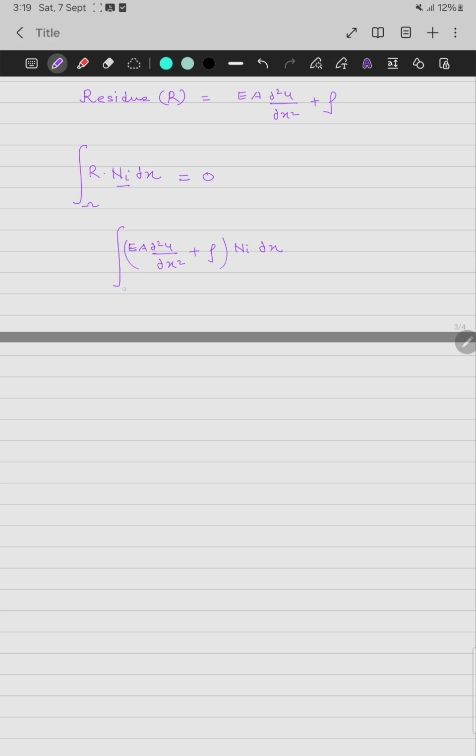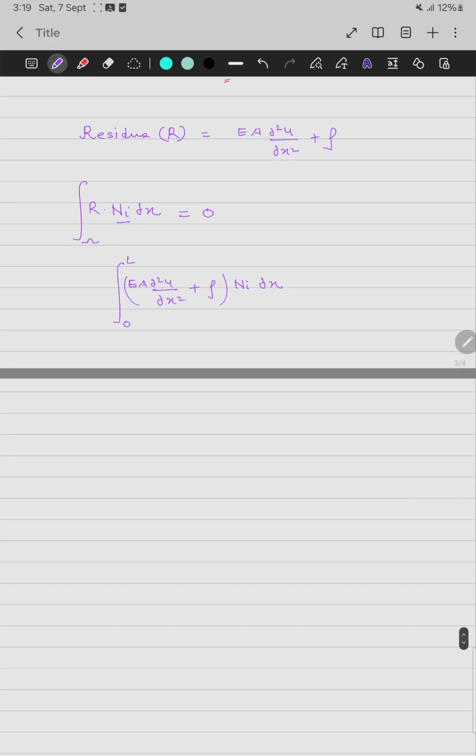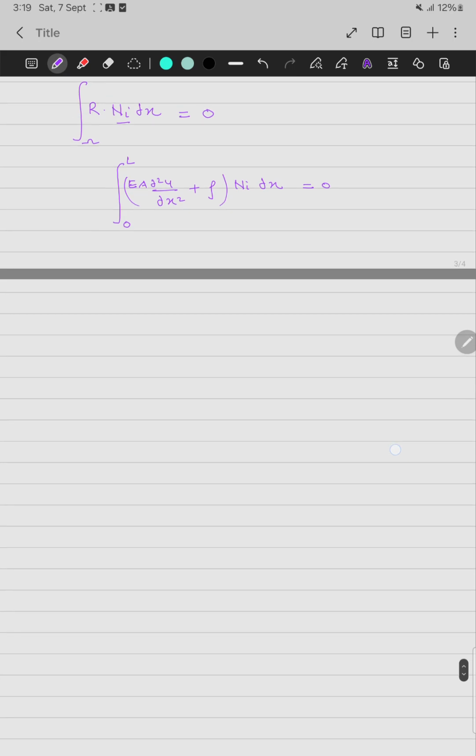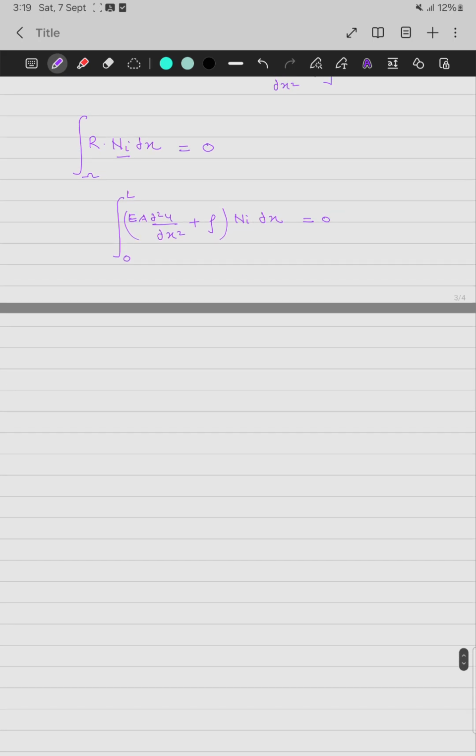Our bar element is from 0 to L, so its boundary is from 0 to L, and it comes to be 0. Now we can multiply Ni through and make it two separate terms.